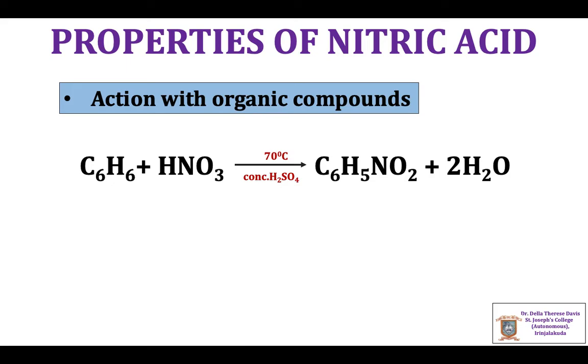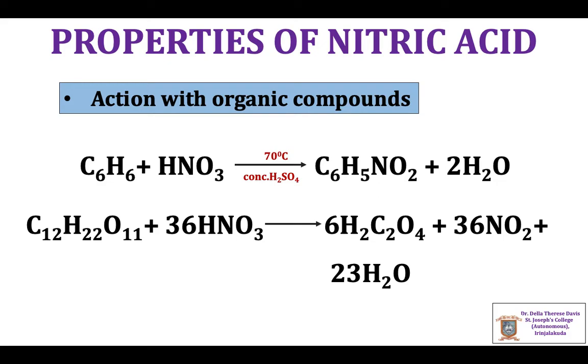Benzene, when treated with concentrated nitric acid in the presence of concentrated sulfuric acid, undergoes nitration to give nitrobenzene. Sucrose is oxidized by nitric acid to give oxalic acid and NO2.